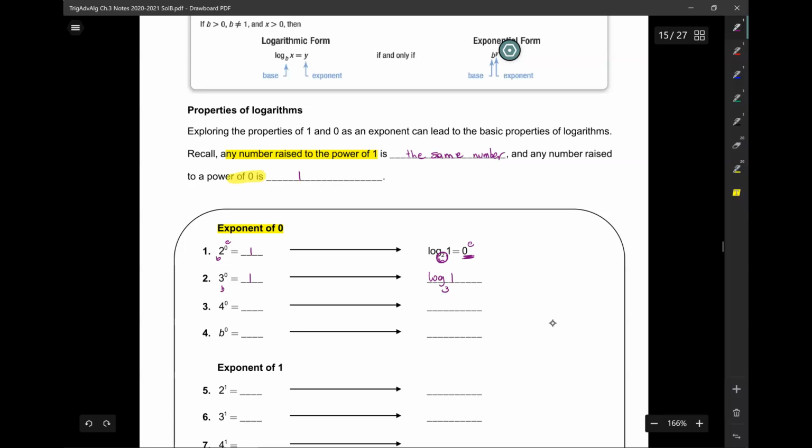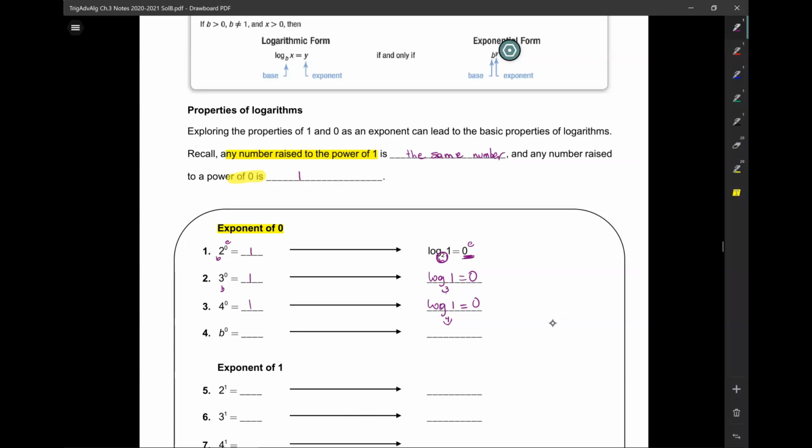The question is, what should be the exponent of 3 so I get a 1? 0. Let's do this one. 4 to the 0 is 1. Log base 4 of 1 is what then? What should be the exponent of 4 so I get a 1? 0.